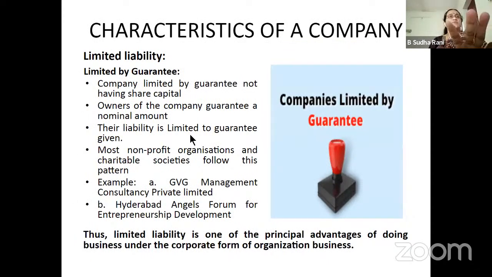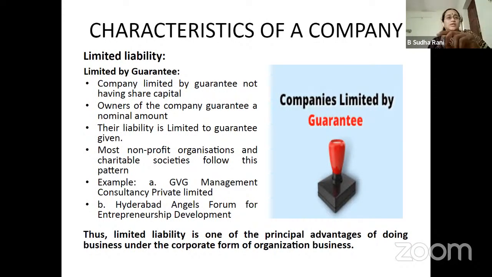The next one is limited by guarantee. At the time of making you a member, the owners of the company must give a guarantee of a nominal amount. Whatever nominal guarantee they give at the time of joining, their liability is limited to that extent in the event of the company's liquidation.